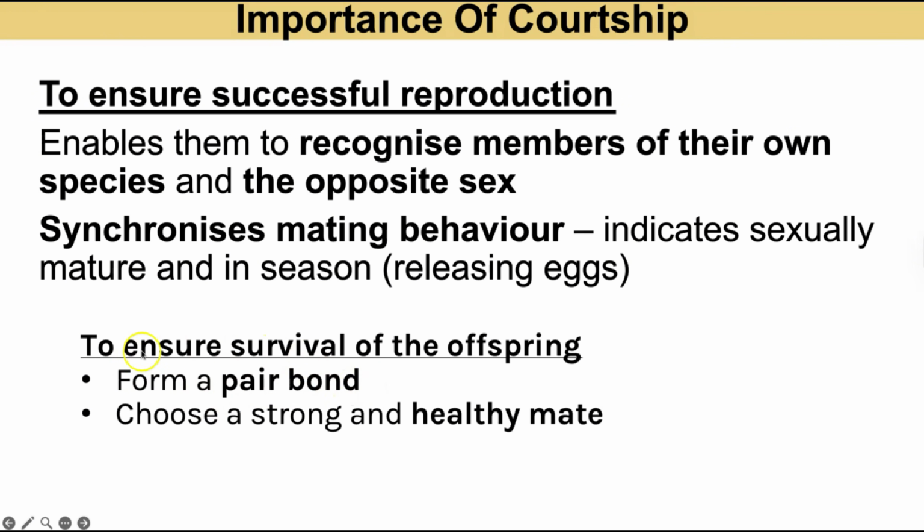And we see this in penguins because it's a massive advantage to the survival of the offspring if they have a mother and a father, because one of them stays to look after the young while the other goes to find food. It also helps to enable the female to select a healthy male to mate with, and therefore their offspring is more likely to be healthy and therefore increases the survival of their offspring.